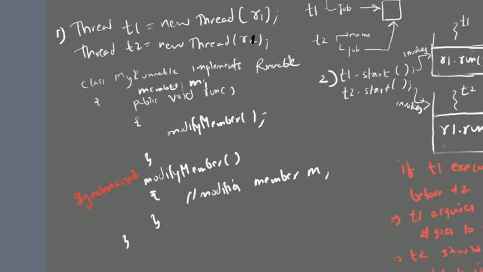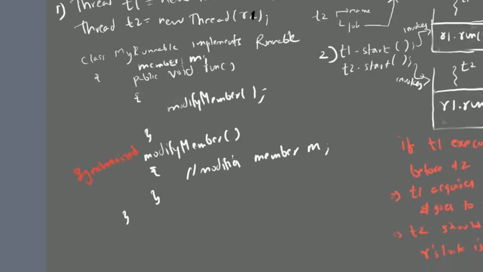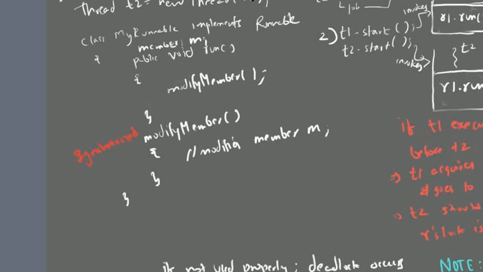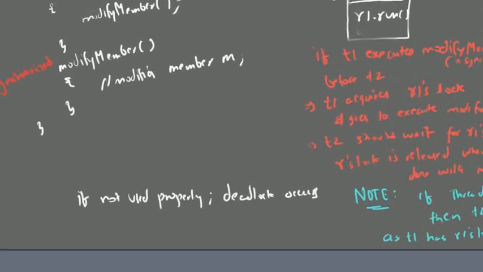If T2 were to try and execute the same method while T1 was holding the lock, then T2 is sent to the lock pool of R1, where it would wait until T1 is done and the lock is released. If you don't use synchronized methods properly, you might end up with deadlocks.